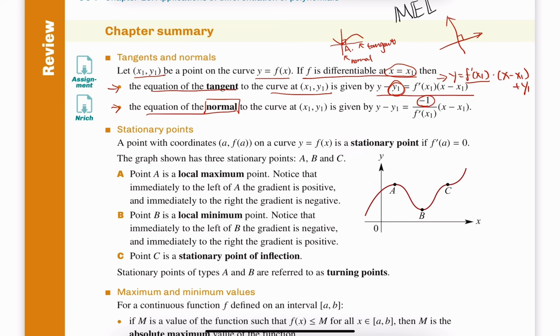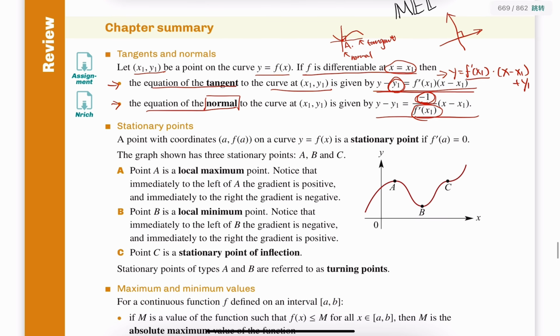That's where this -1 comes from. So instead of writing the tangent like this, we write the normal with a -1 over the gradient of the tangent.